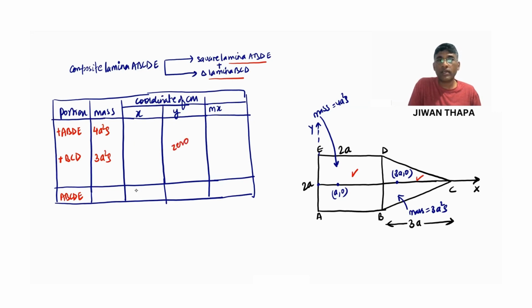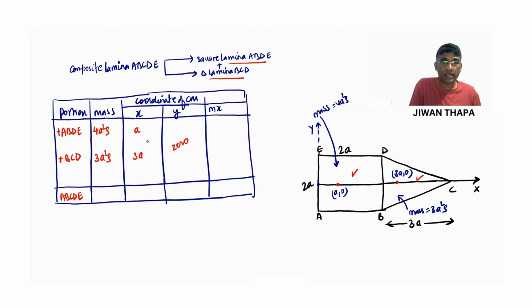So I'm writing it directly this way. The x coordinate of center of mass for this portion is a, and the x coordinate of center of mass for this portion, that is the triangular lamina, is 3a.